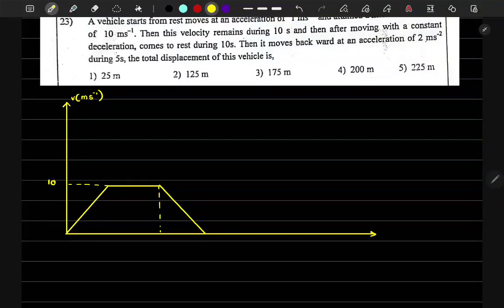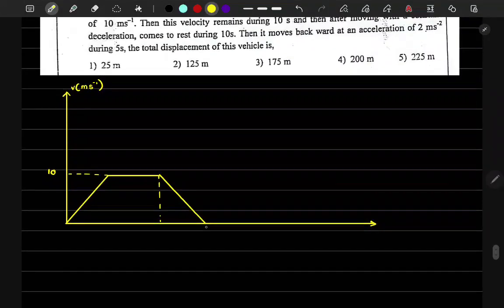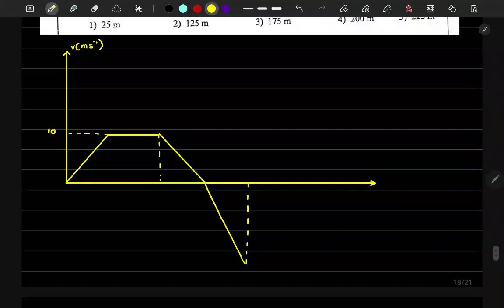Then it moves back with an acceleration of 2 meters per square second during 5 seconds. So something like this. We have to figure out the total displacement at the end. So this is somewhat of a motion like this.